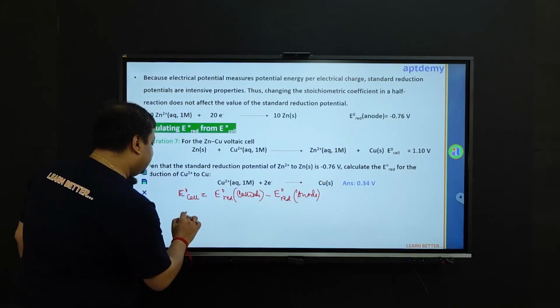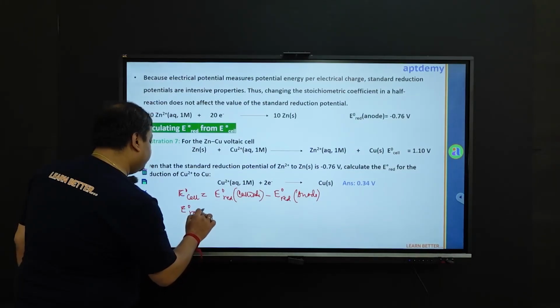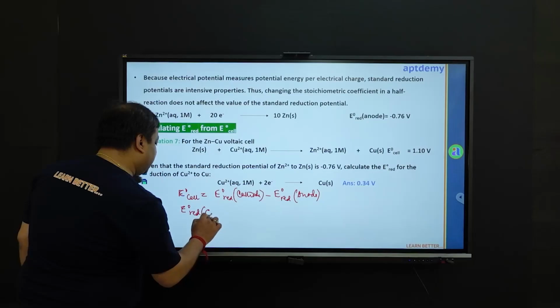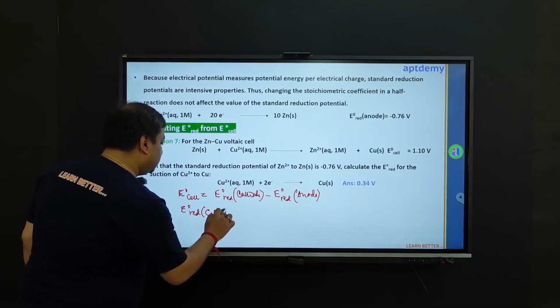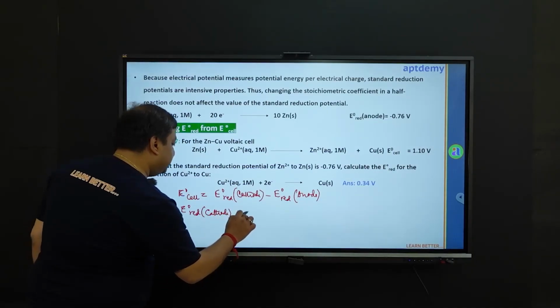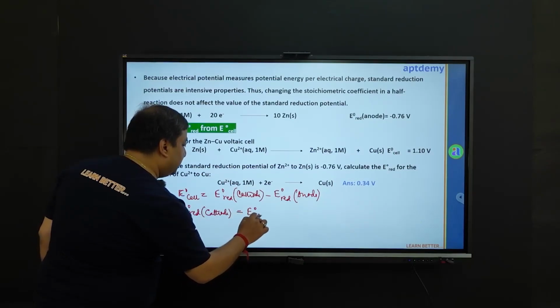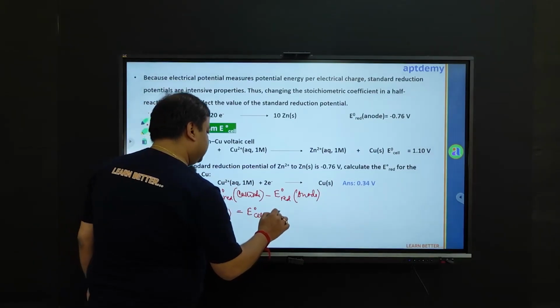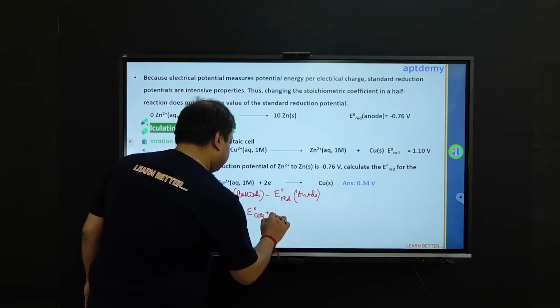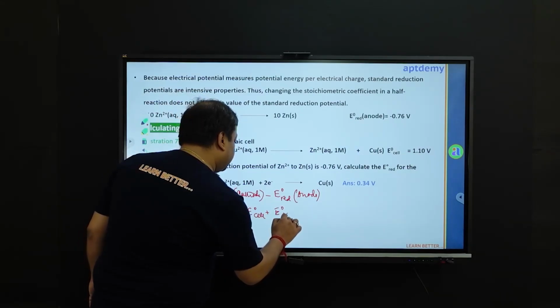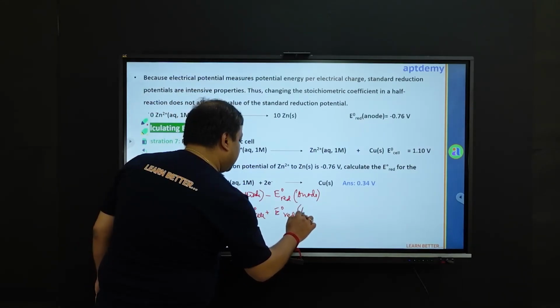So we will then write E0 red cathode is E0 cell minus, no, it will be plus E0 red anode.